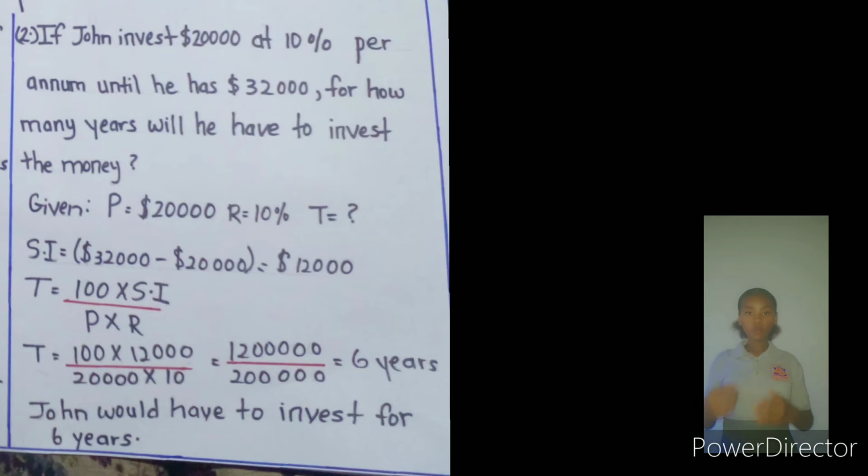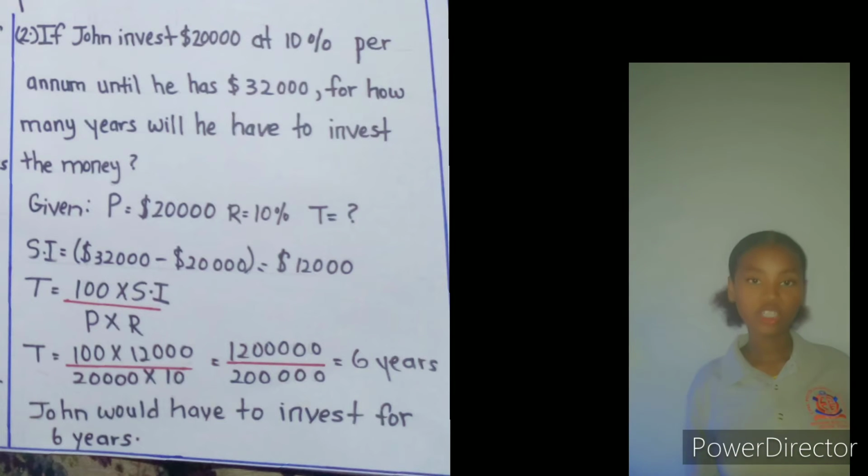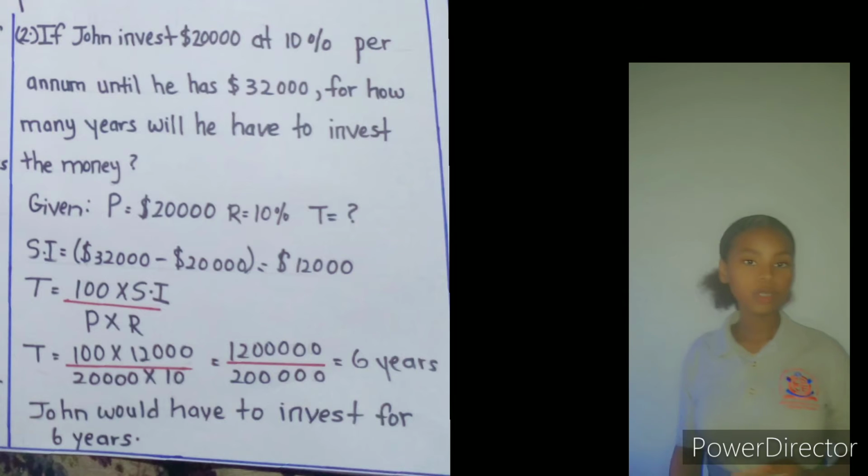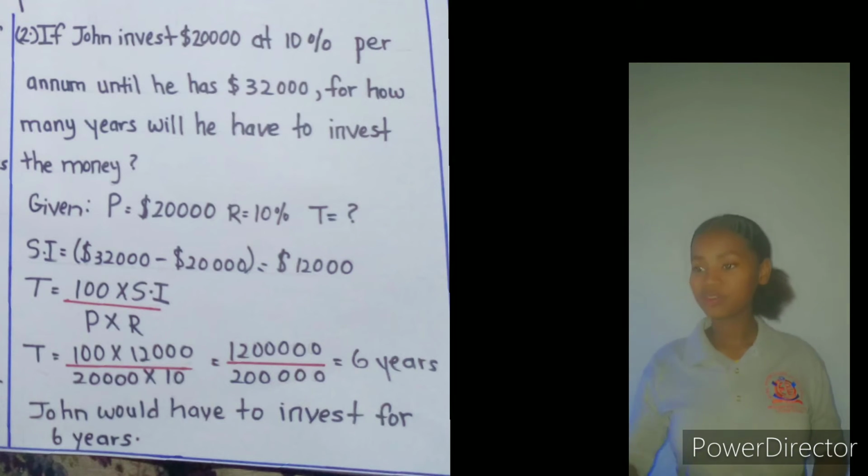So 100 times 450, that's the simple interest, divided by 1500 times 5, which equals 45,000 divided by 7,500. Our answer is 6 years.